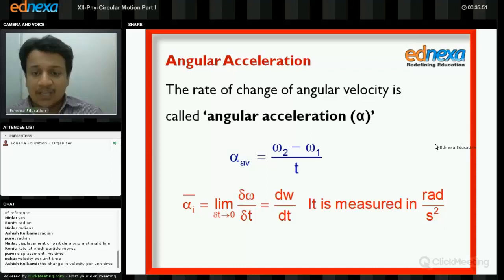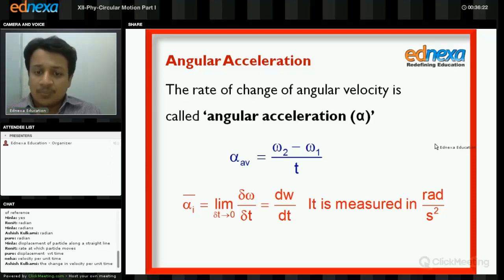So vector alpha is equal to limit, omega 2 minus omega 1. There is a difference, and we indicate difference with the symbol delta. So delta omega by delta t. Alpha equals limit delta omega by delta t, where delta t tends to 0. That is equal to d omega by dt. And it is measured in radian per second square.